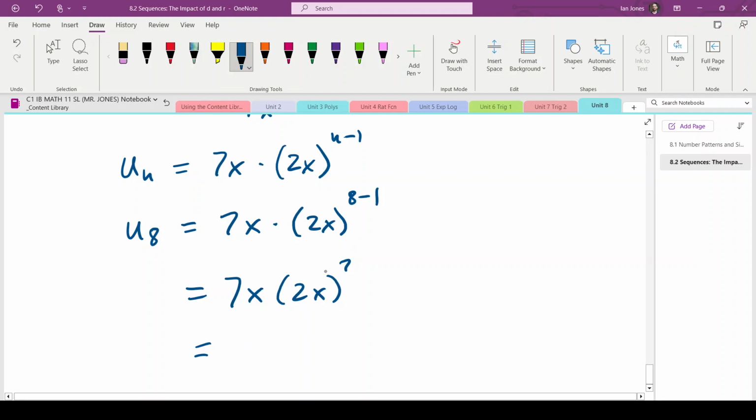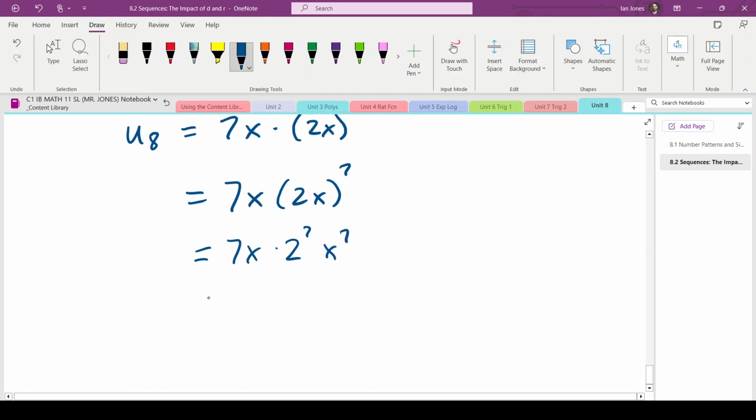That's, well, this is 7x times 2 to the 7 times x to the 7. I end up with 7 times 2 to the 7, x to the 8. That's probably how you would write it. Well, that is how you would write it if you had no calculator. And if you had a calculator, you would just evaluate that part and put that in front.